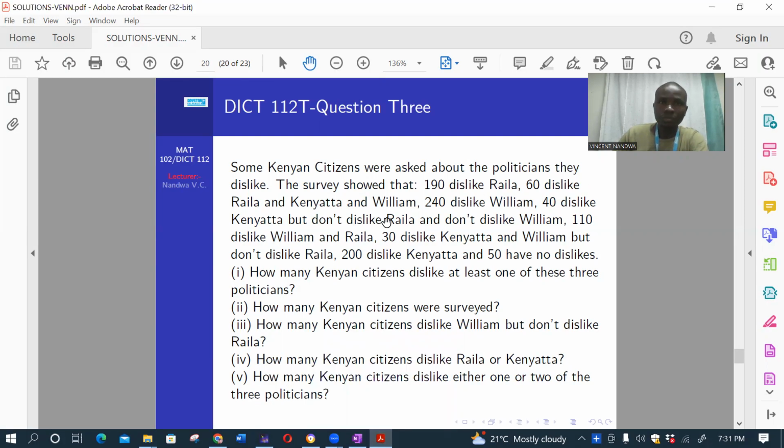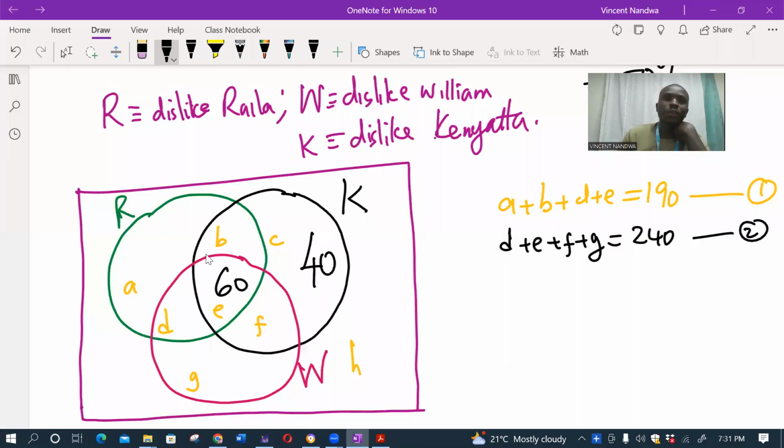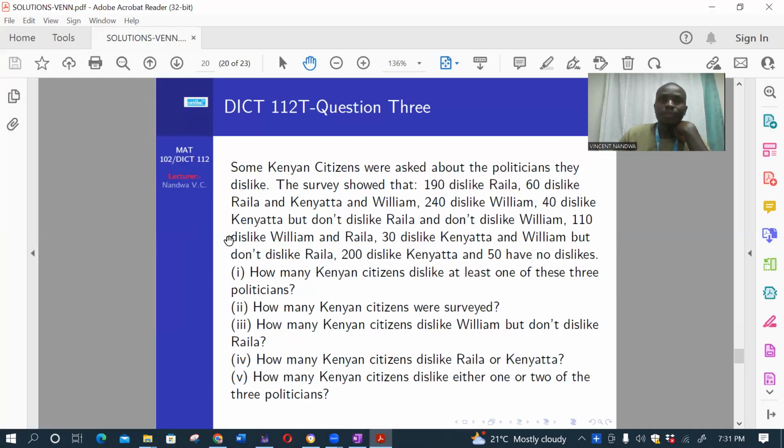Then 110 dislike William and Raila. So where the W and R sets meet should be 110. So WR is DE, so D plus E should be 110. Then the other information is 30 dislike Kenyatta and William, but don't dislike Raila.